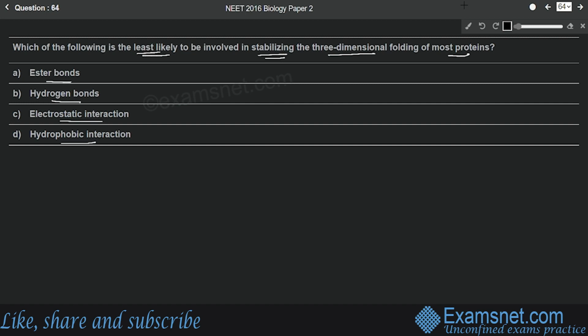So the correct answer will be option A, that is ester bonds, because we know that hydrogen bonds, electrostatic interaction, and hydrophobic interaction will be present in proteins along with the peptide bonds.